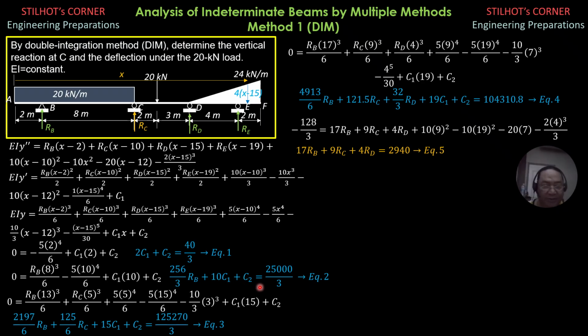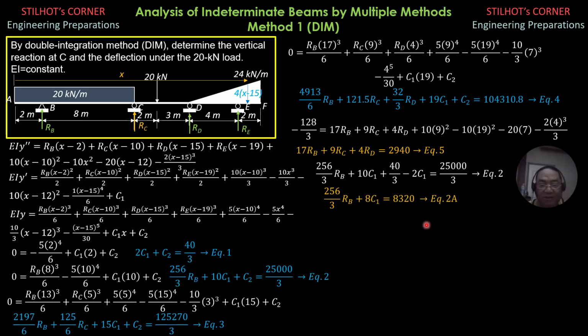So into equation 2, the value of C sub 2 is 40 over 3 minus 2 C sub 1. So 256 over 3 RB plus 10 C sub 1 plus 40 over 3 minus 2 C sub 1 here, substitute, equals 25,000 over 3. Simplifying this equation, 256 over 3 RB plus 8 C sub 1 equals 8320.